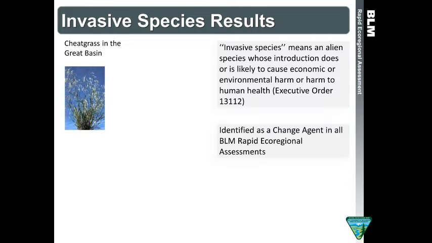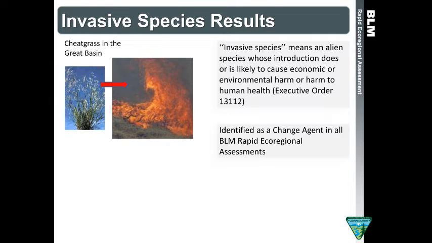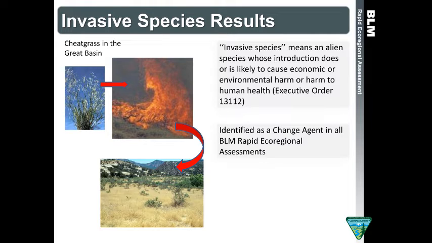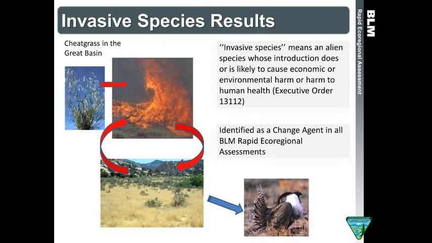We're all familiar with cheatgrass in the Great Basin, right? After it became established in the late 1800s, it changed fire frequencies, where fires used to occur around every 100 years or so. After the invasion of cheatgrass, it went down to less than a decade, like every 3 years. That promotes even more cheatgrass establishment and changes the whole landscape and all the species, which of course promotes more fire.